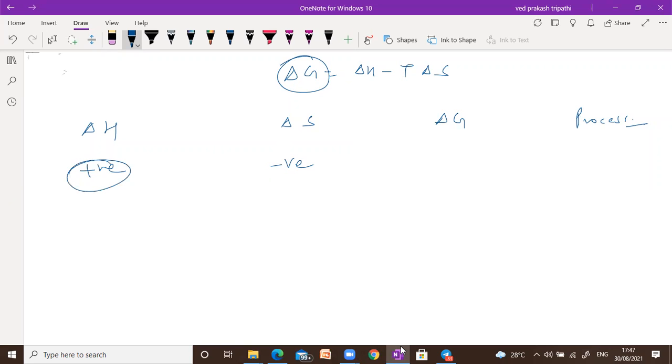Positive means high, so delta H is high. Delta S is negative, meaning lower. Whenever you subtract a low value from a high value, the result will be positive, so delta G is positive. Any doubt about the first condition? No doubt. Perfect. So if delta G is positive, it means non-spontaneous.